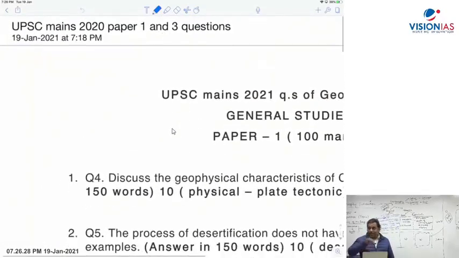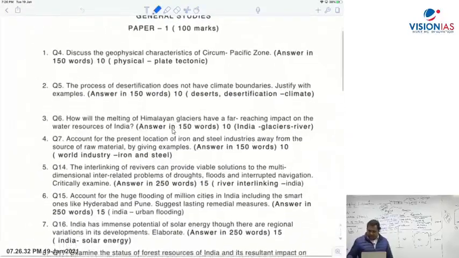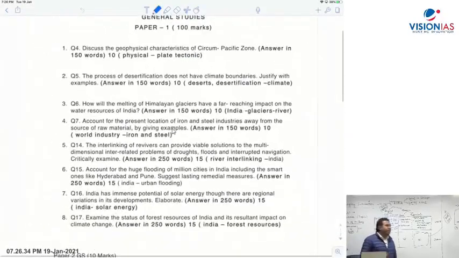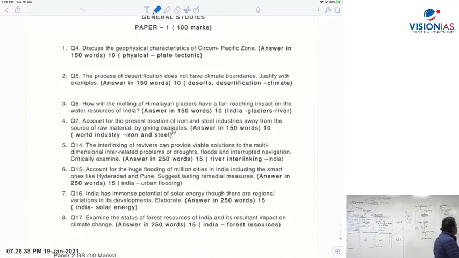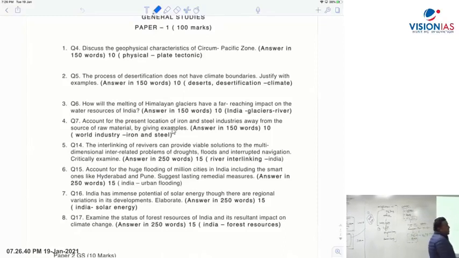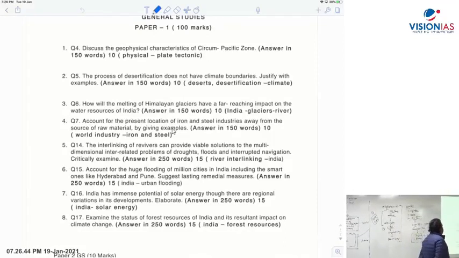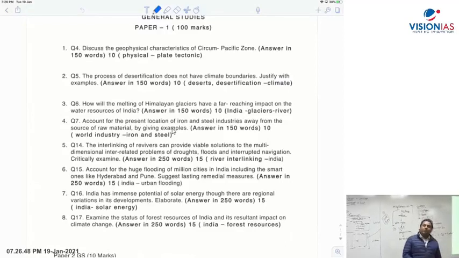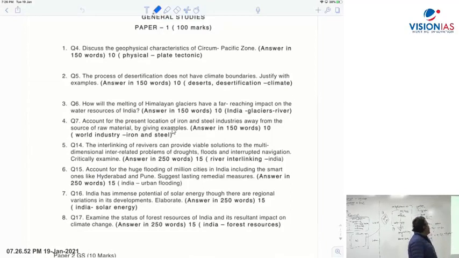I normally say paper 1 and paper 3, but you can see an overlap here, not this year only, every year they do some overlaps. The first question is a physical geography question. Then the second one says the process of desertification does not have climate boundaries. Desertification comes in ecology and environment also, and in geography also, so you can say somewhat overlap.